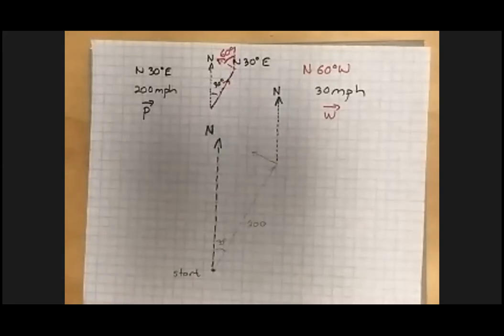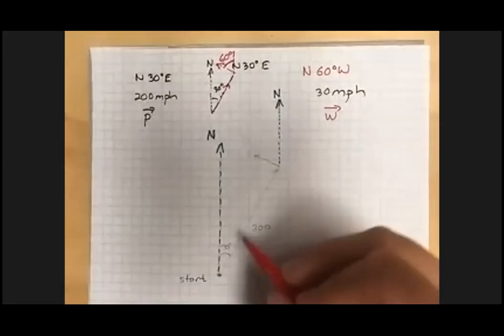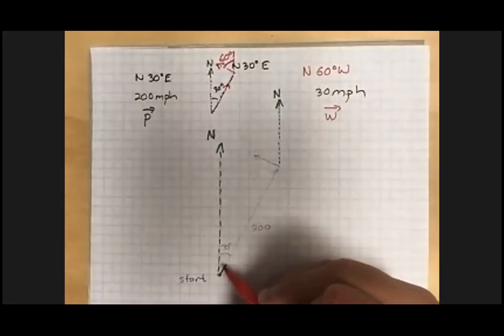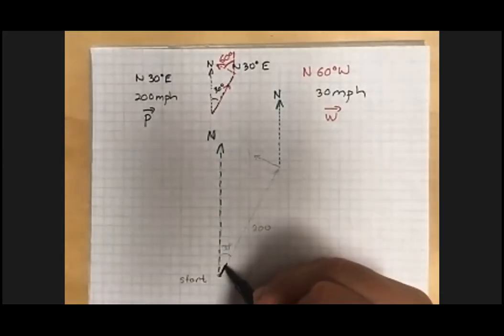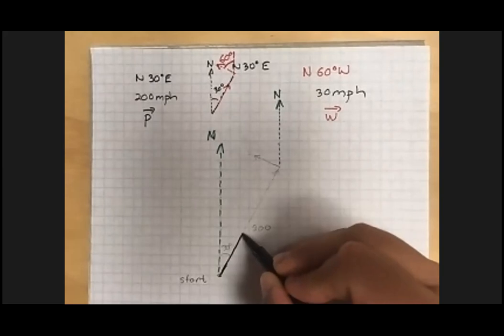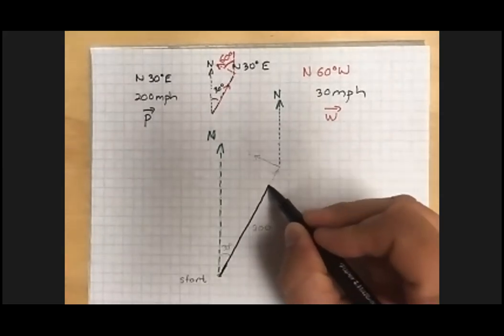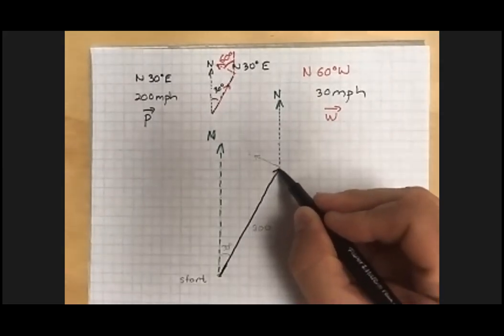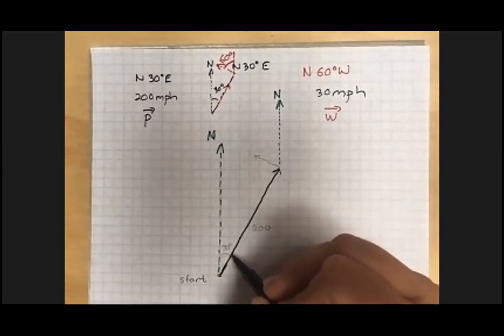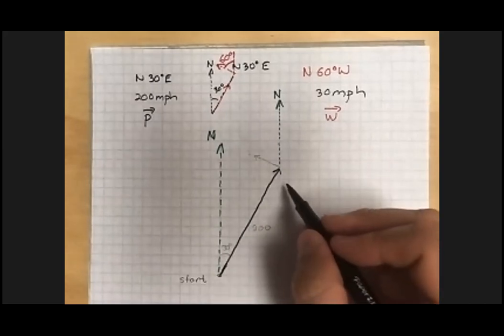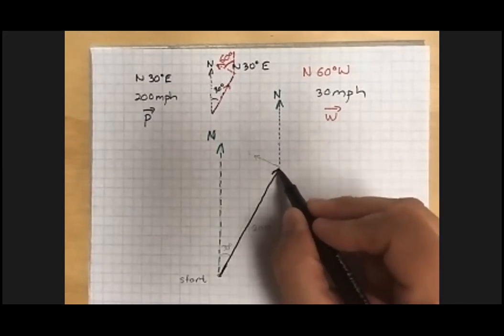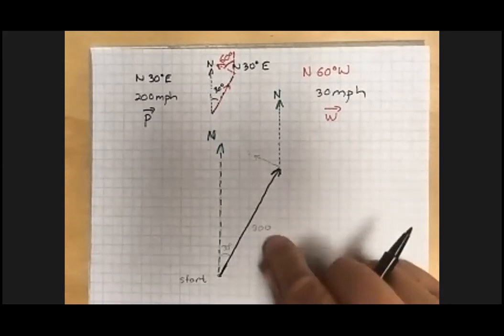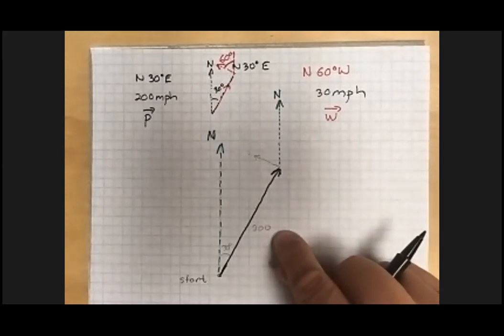But then the plane vector is, sorry, I'm going to make it in black. 200 miles per hour long, 30 degrees east of north. Now you say 200 miles per hour long. What do you mean miles per hour long? Well, that's why I'm going to use that word magnitude. The magnitude of this is 200 miles per hour, not 200 miles, 200 miles per hour.